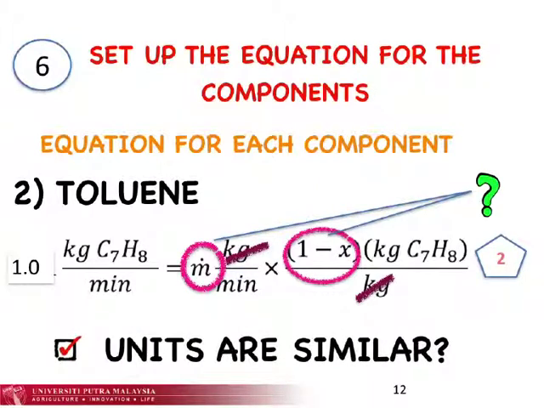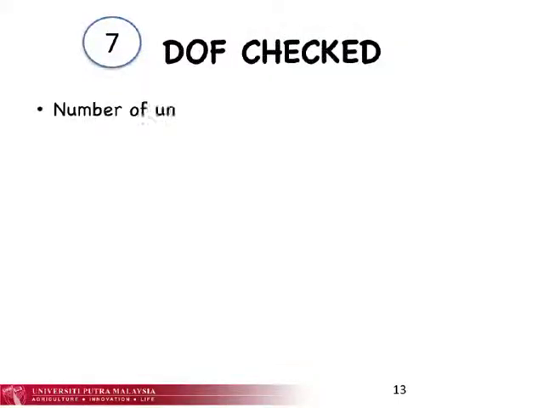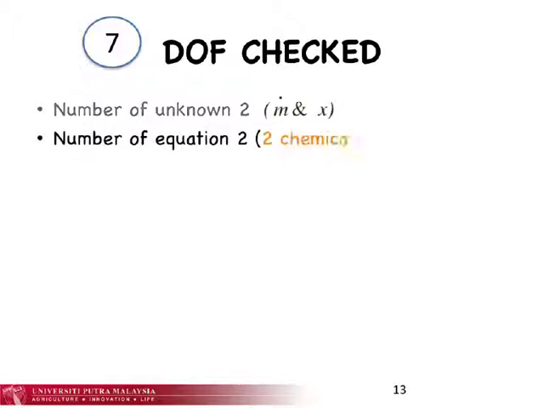Next is to check the number of degrees of freedom for the process. For this particular analysis, what you have to list out is the number of unknowns. In our case, it is m dot and x. Then the number of independent equations, which equals the number of chemical species present in the system.